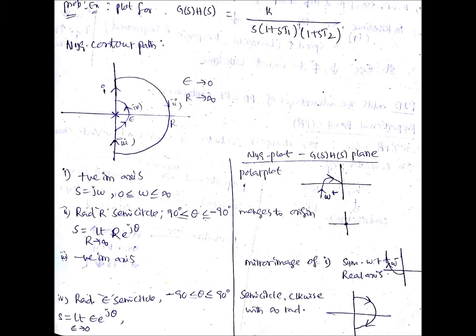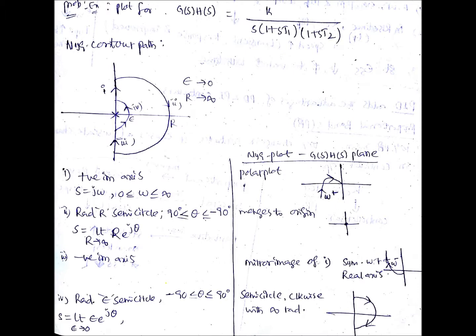So for the positive imaginary axis part, the Nyquist plot is the polar plot, where omega varies from 0 to infinity. Then the second part is a semicircle of radius R, and theta varies from 90 degrees to minus 90 degrees. Here the radius R is infinity.